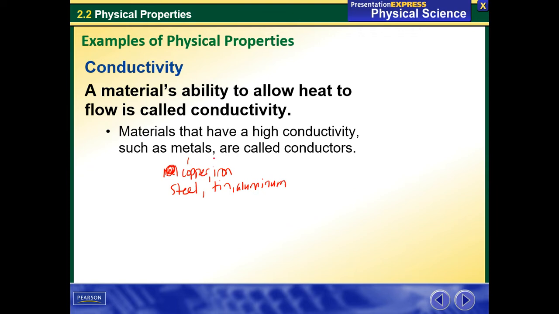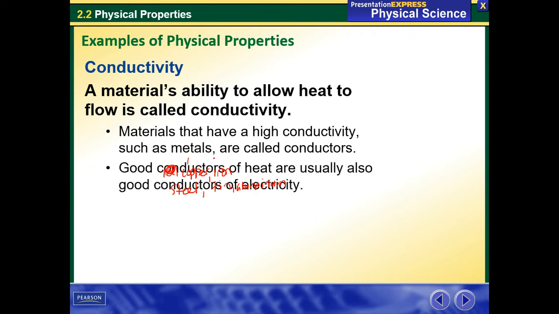All of these are metals. Now, good conductors of heat are also usually good conductors of, and the key word here is electricity. So I kind of covered that up, so let's put it over here, of electricity.